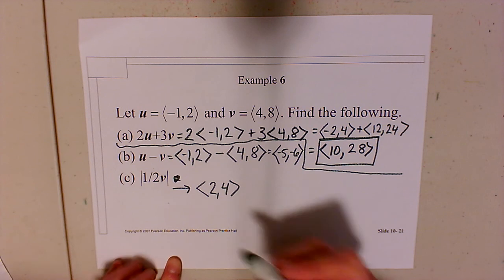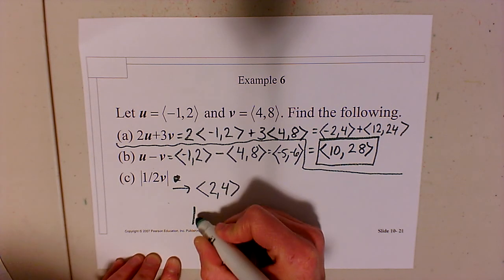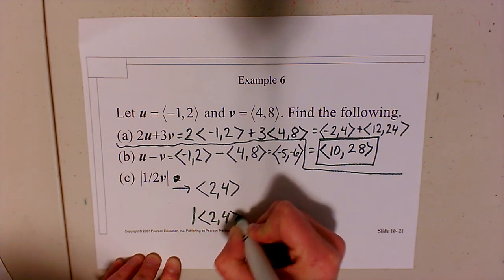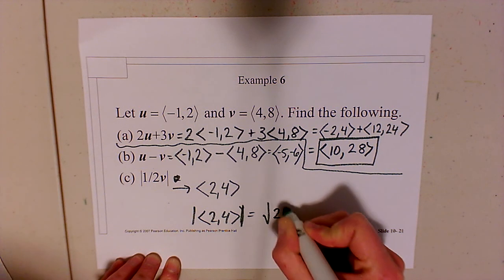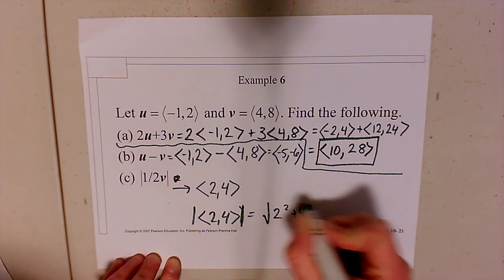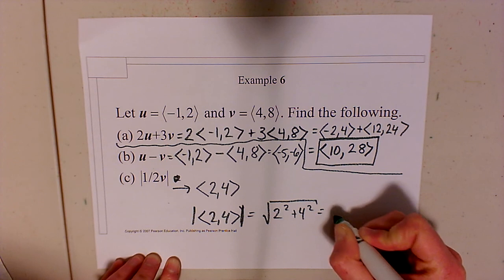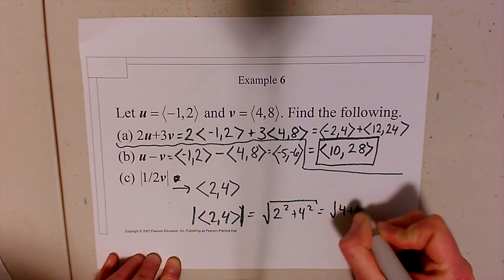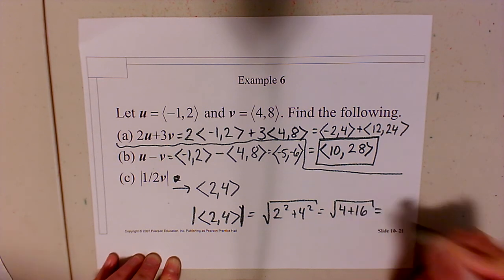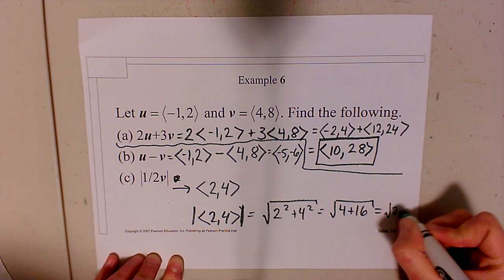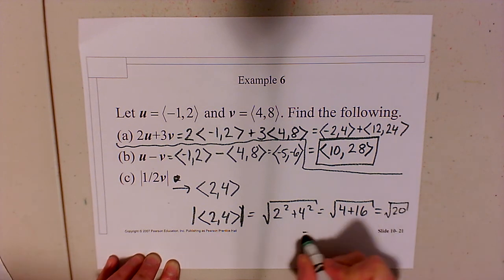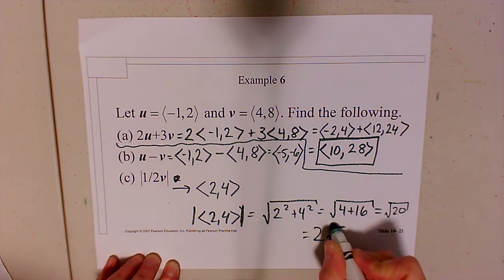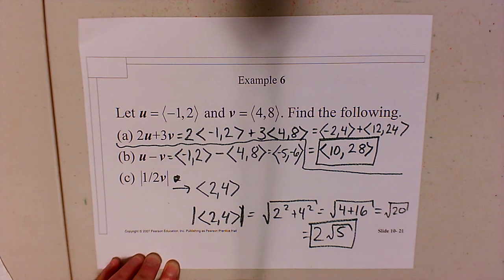The magnitude of 2, 4 is the square root of 2 squared plus 4 squared, which is the square root of 4 plus 16, which is the square root of 20. You can leave it like that, or simplify it to a decimal, or to 2 root 5. And that's it for example 6.